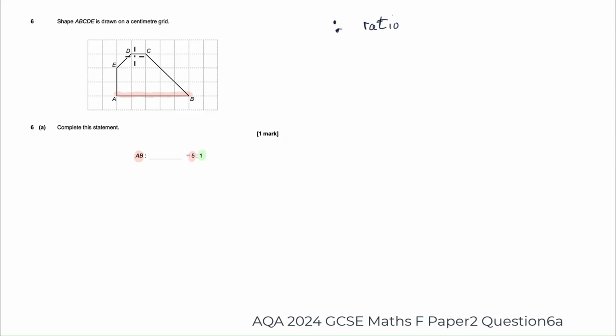Well, there's the line of length 1. DE is not of length 1, it's slightly bigger than length 1. So the line we're after is DC or CD. So let's write that in.